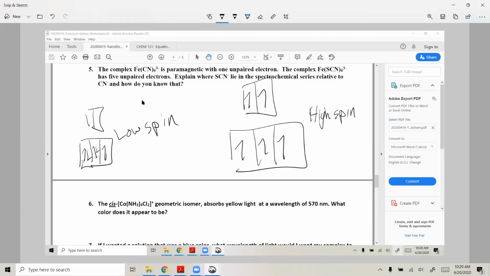So if we have high spin, is that going to be a small splitting or a big splitting? If we have high spin, is that going to be a small gap or a big gap between our 2 energy levels in our d orbital?